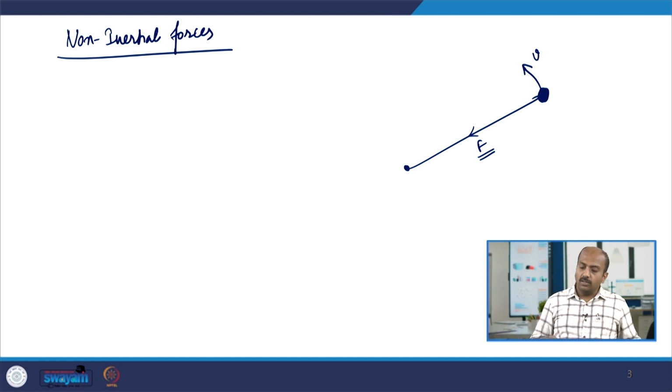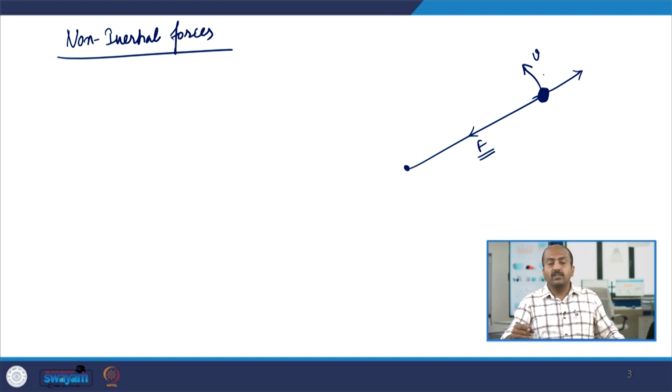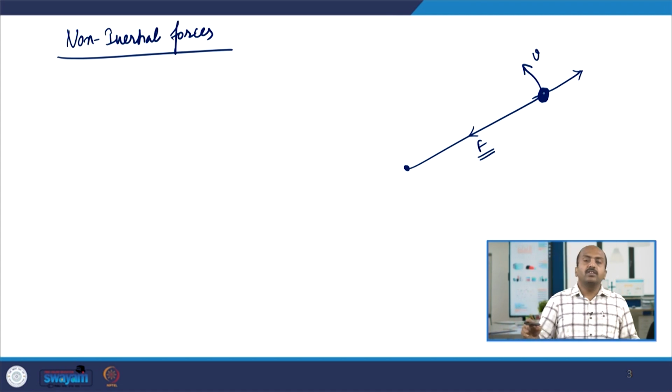The obvious answer is that there is an additional force, a reaction force to this F, and this reaction force nullifies the effect of this force, so that in the end this object is at rest. So, these are the reaction terms to the inertial forces.